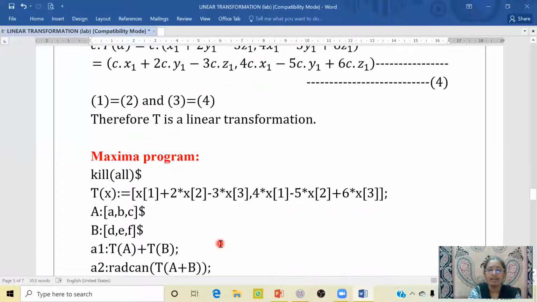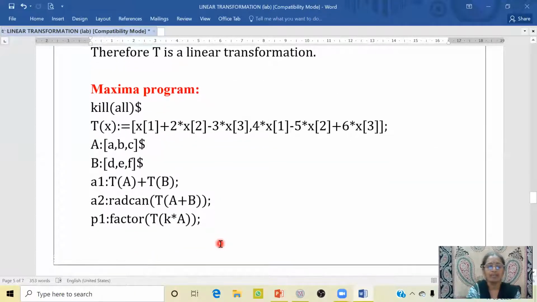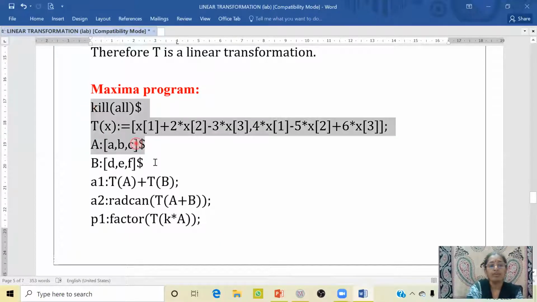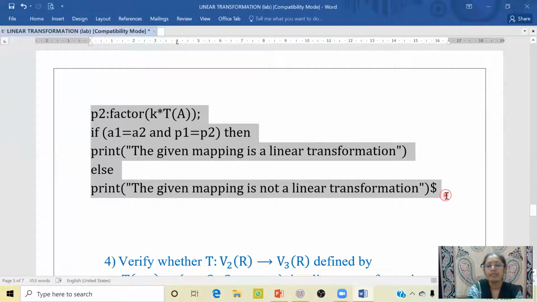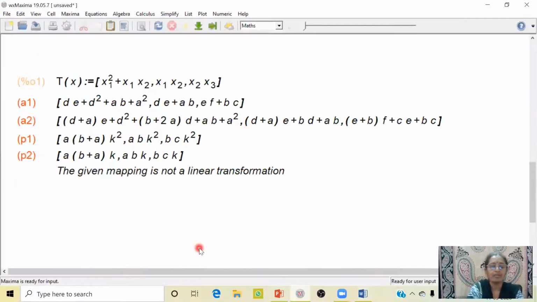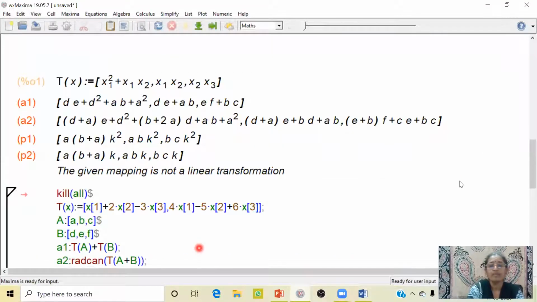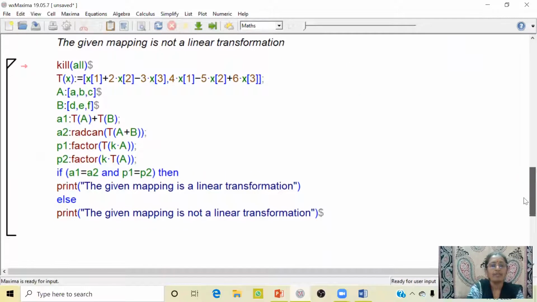Now, let us check using the Maxima code once again. Let us take this code, copy it, and go to the Maxima window and paste it, and you can execute this.